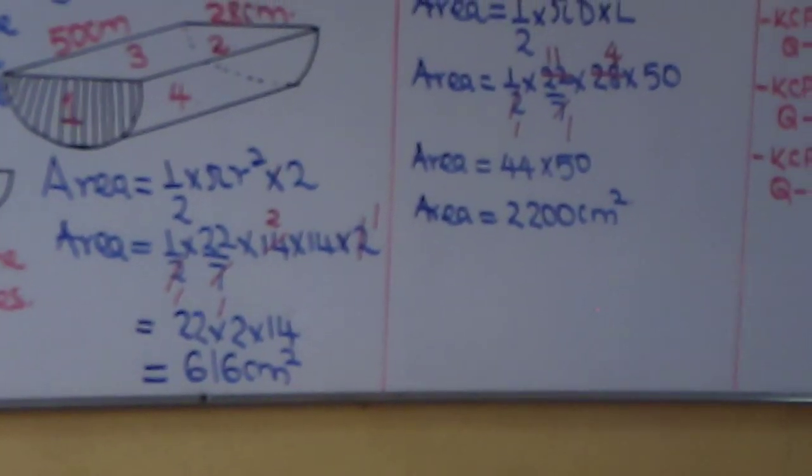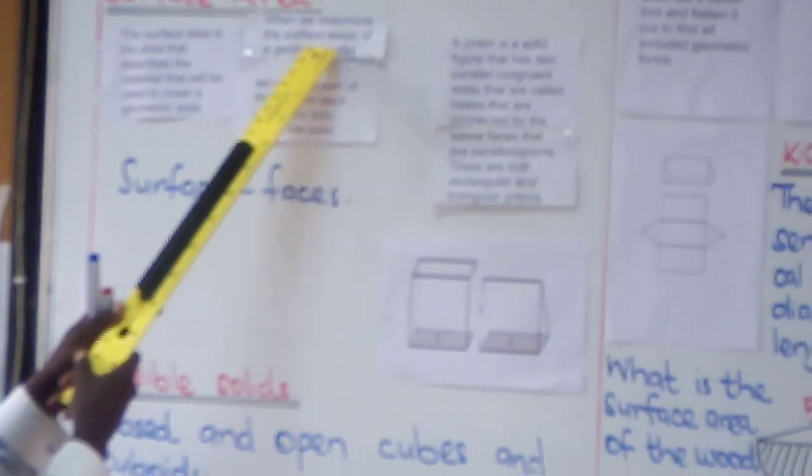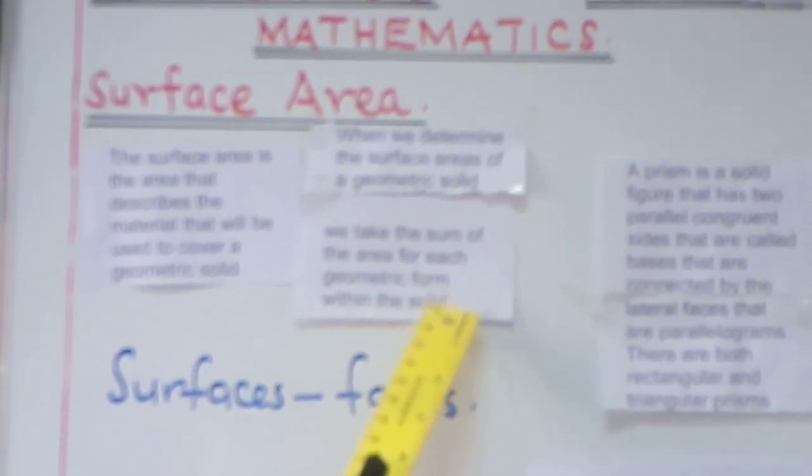Now we determine the surface area of geometrical solids. We take the sum of the area for each geometrical form or face. That means we add.